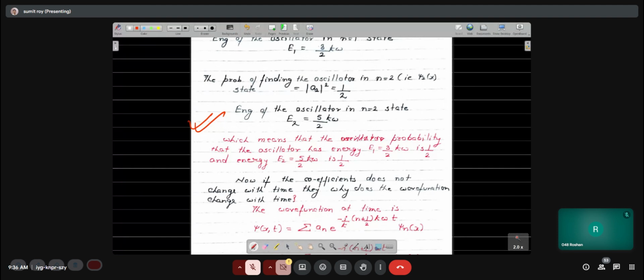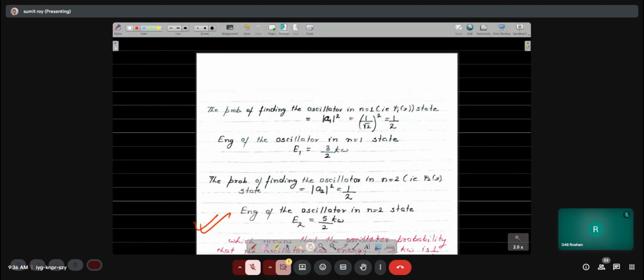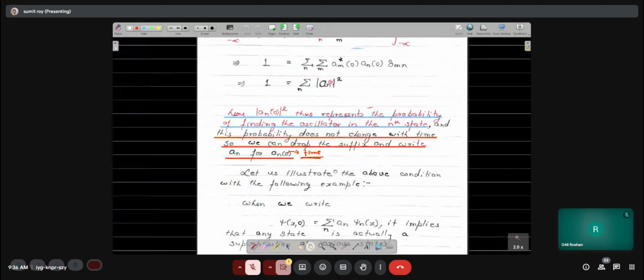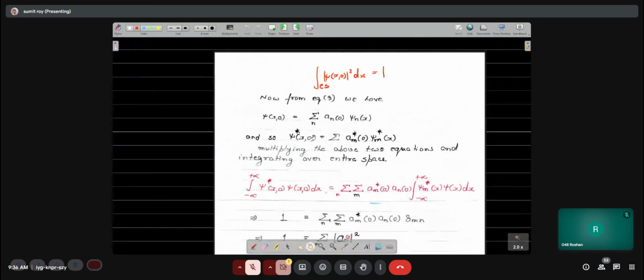Now if the coefficient does not change with time, a_1, a_2, anything, a_2 जीरो लिखना ही बंद कर दिए क्योंकि a_2 t इक्वल टू 0 पर जितना होगा a_2 t इक्वल टू t पर भी उतना ही होगा। सो कोफिशिएंट डज नॉट डिपेंड ऑन टाइम। Go back to the equation somewhere.